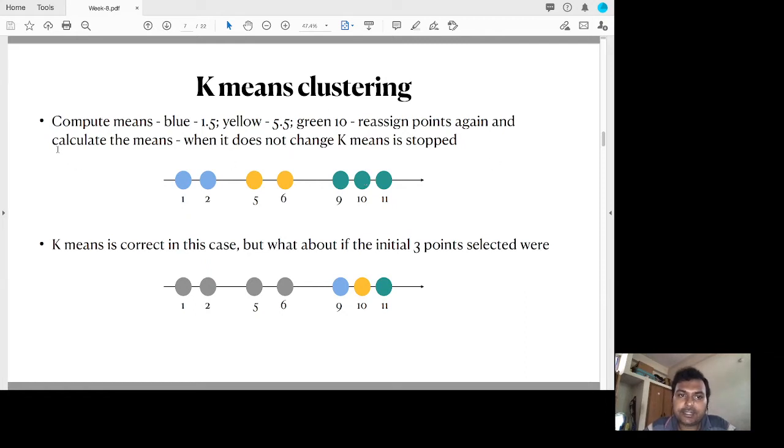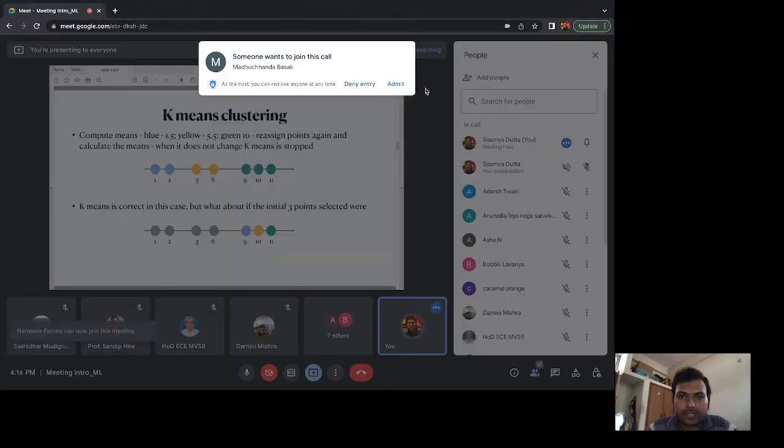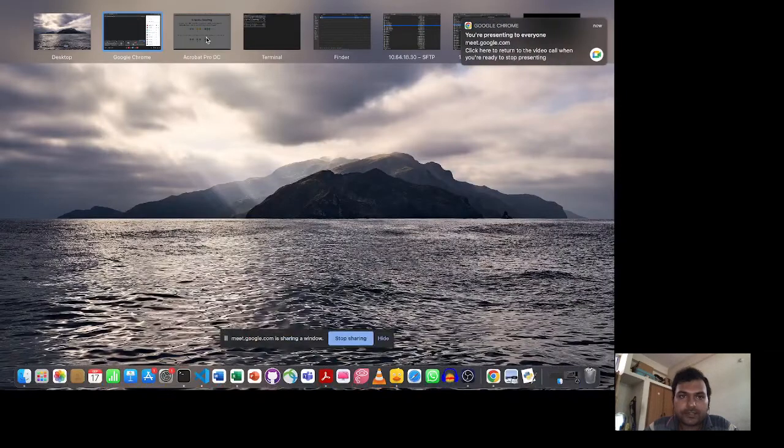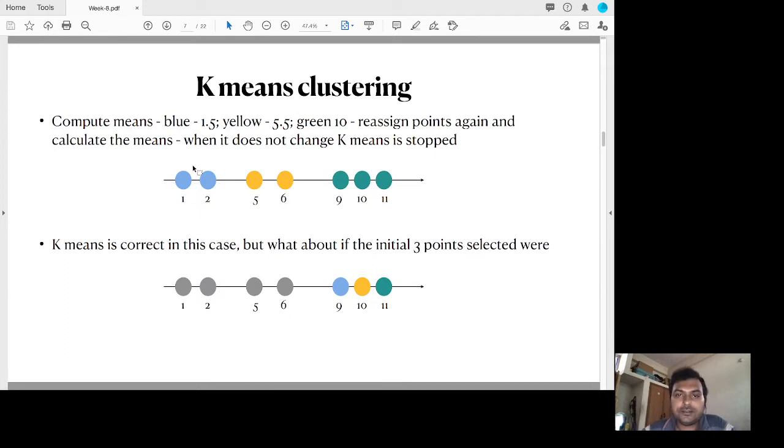Then it reassigns the points again and calculates the means. After reassigning the points, it will see that the means have not changed. Once the means have not changed, the k-means clustering algorithm will stop, and it will say that these are the clusters that I have found, and these are the means.